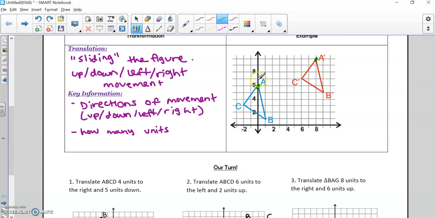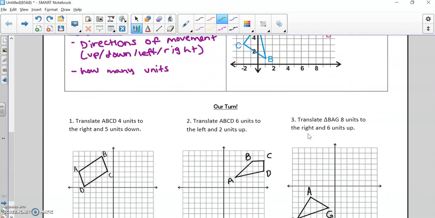We moved up 1, 2, 3, 4 spaces. So we can say that we move up 4. And then we move 1, 2, 3, 4, 5, 6, 7, 8. We move to the right 8. And so all of the rest of the points are going to follow the same exact pattern. And then this would be what your new figure would look like.